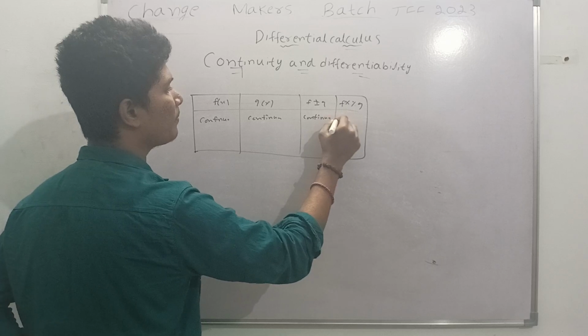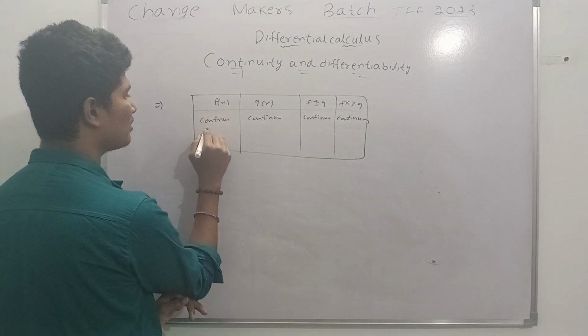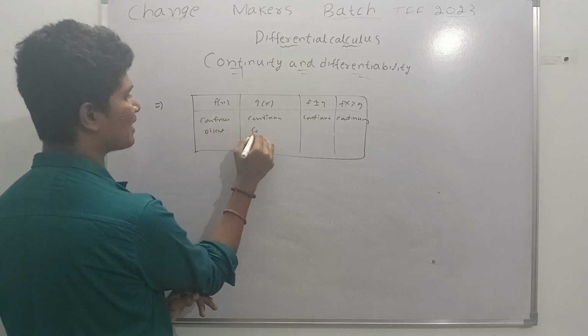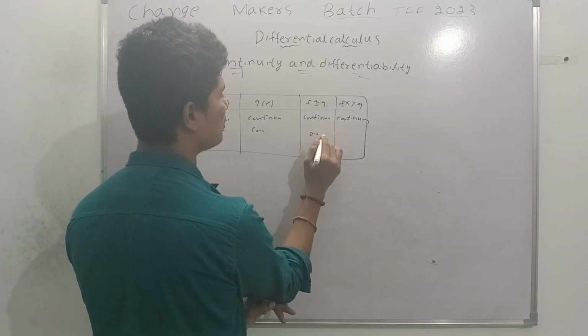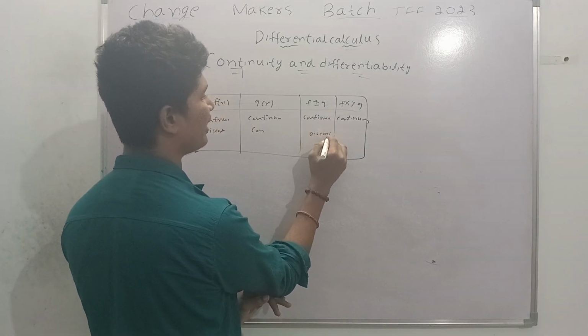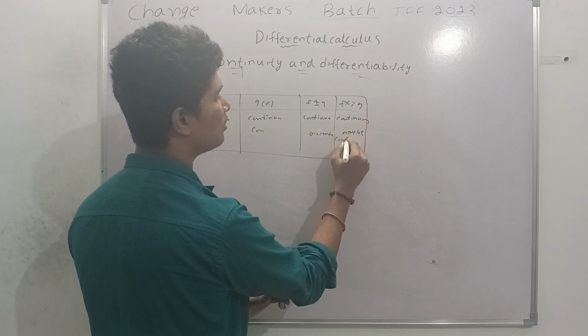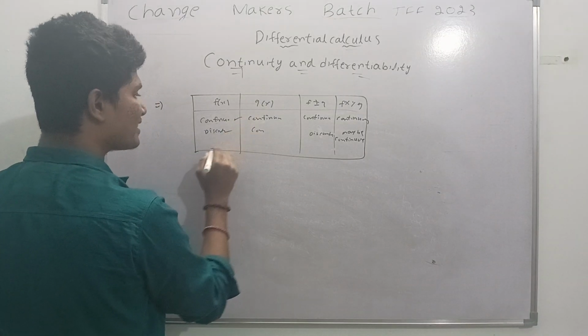We already know that. And if f of x is discontinuous and g of x is continuous, the sum is always discontinuous, but here it may be continuous.